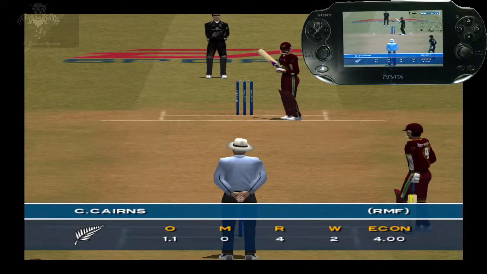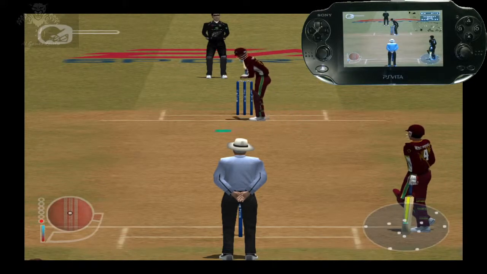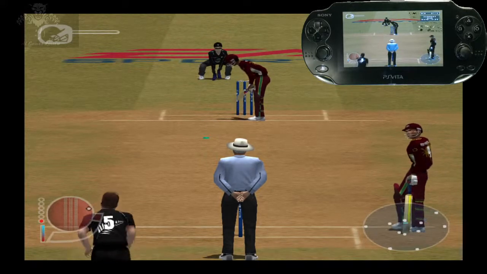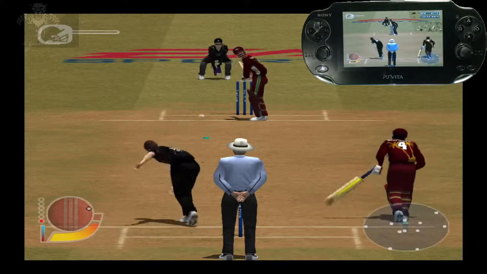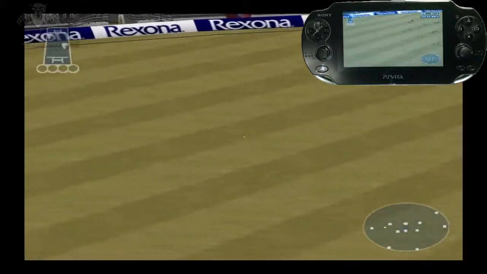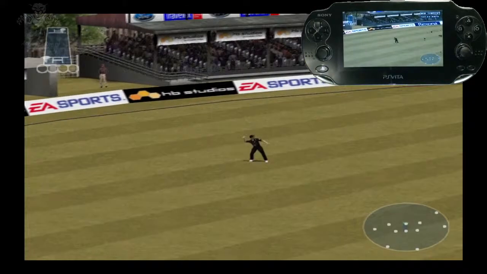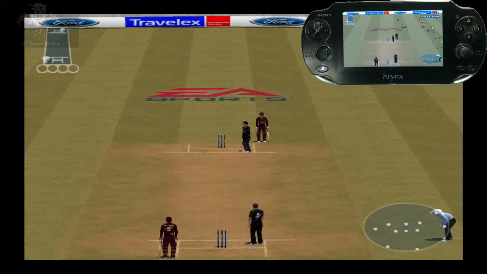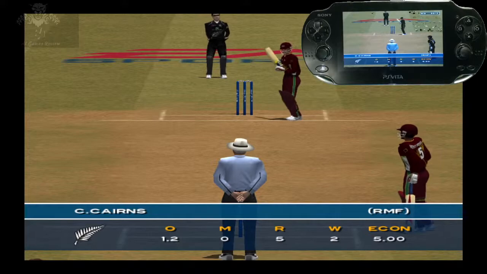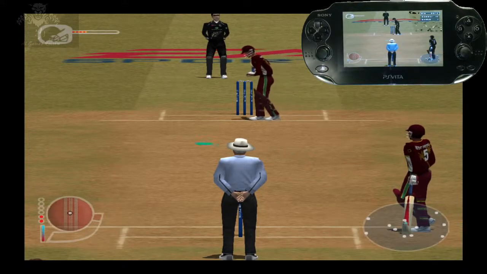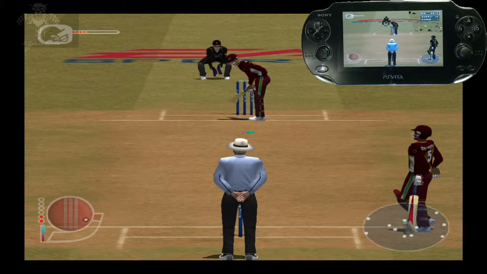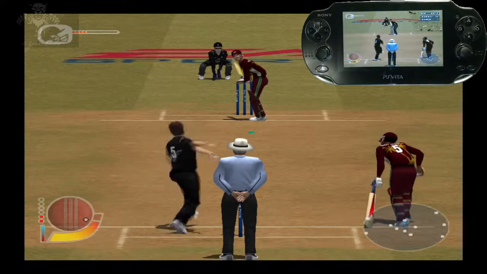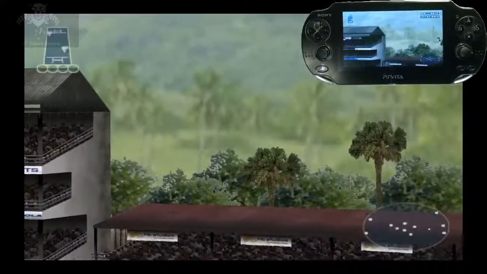Cairns to bowl to Samuels. Fleming is in pursuit, broke through the covers. A single to Samuels. Forum is after it.